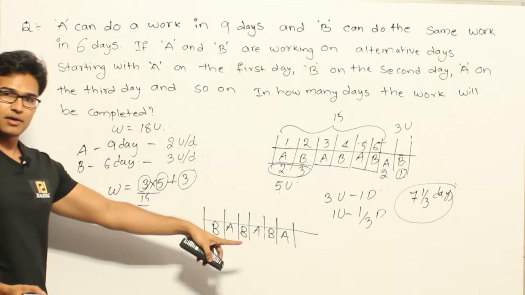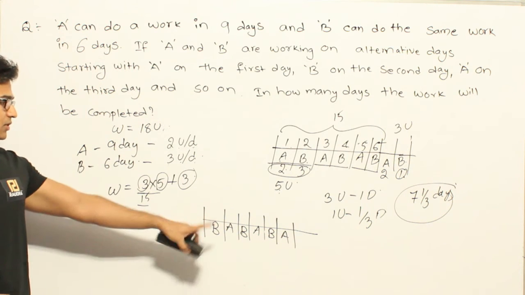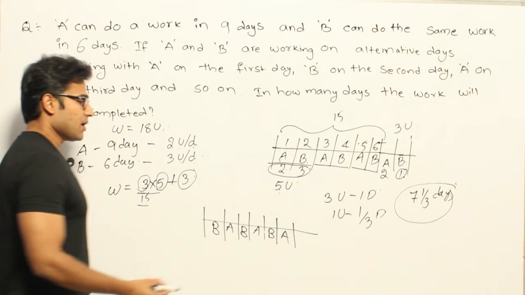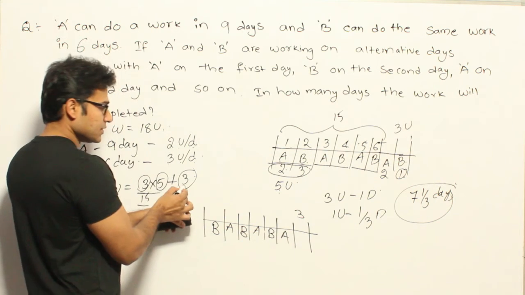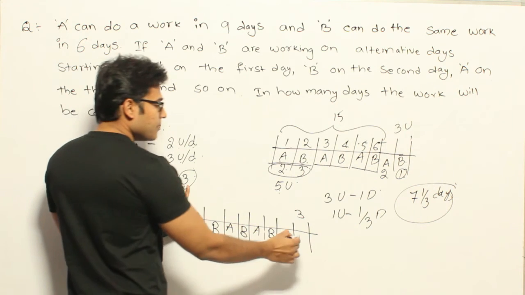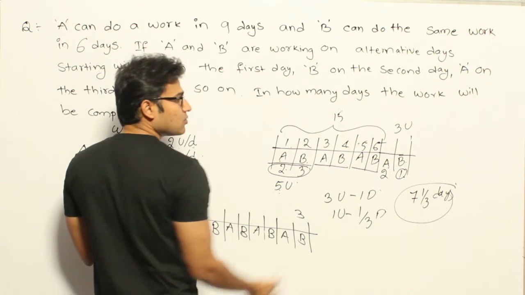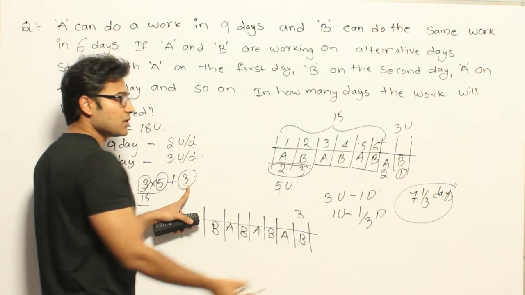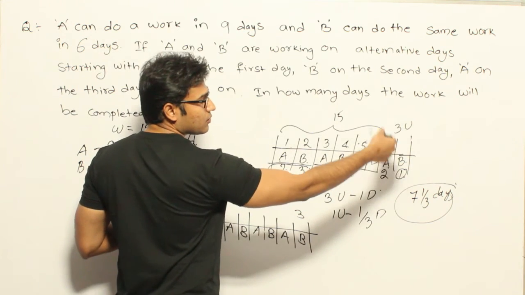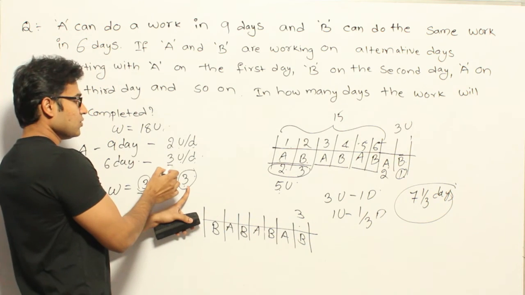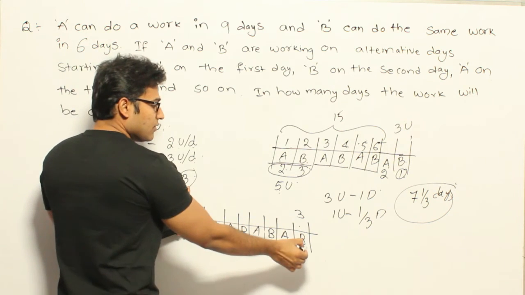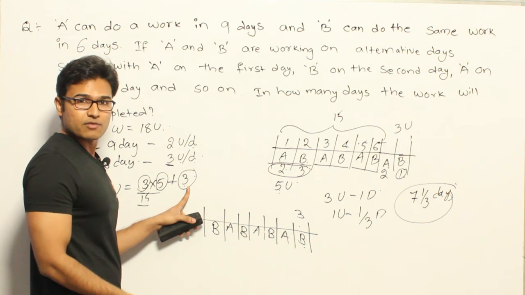In these 3 turns we will be able to finish 15 units of work, but then the next one to do the remaining 3 units of work will be B. In the earlier case the next one to do the work was A. Therefore based on his capacity we needed 1 more day there, but here B's capacity is 3 units per day. Therefore B will be able to finish that entire work in 1 day.